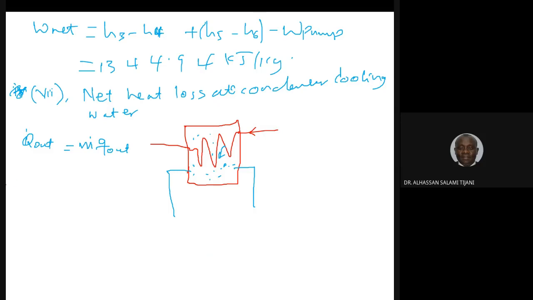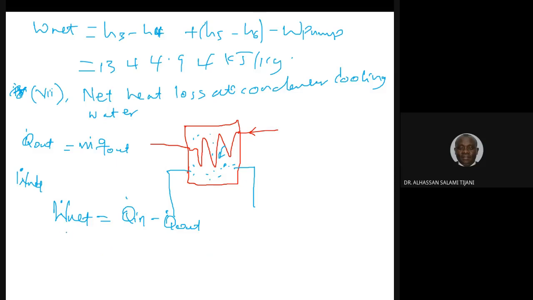So W net output is equal to Q in minus Q out. That gives us Q in minus Q out. So from here we can easily calculate our Q out.